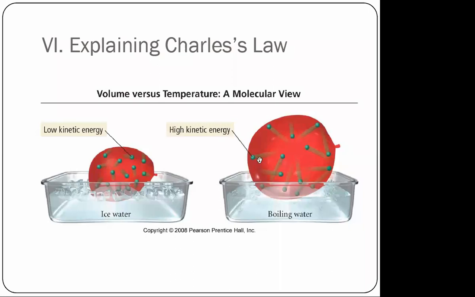When there is an increase in average kinetic energy, there will be an increase in the frequency of collision with the wall, and as a result there will be expansion in the volume. There will be an increase in the distance between particles. You will see how kinetic theory explains all these laws.